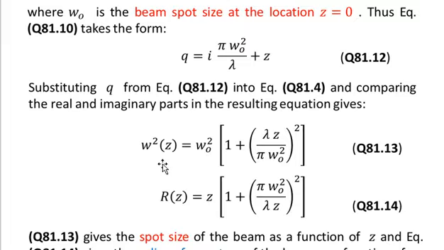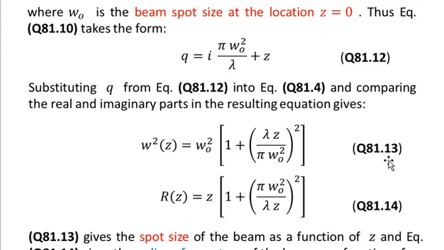So we have w²(z) = w0² [1 + (λz/(π w0²))²], and we have R(z) = z [1 + (π w0²/(λz))²]. So we have obtained these two results.